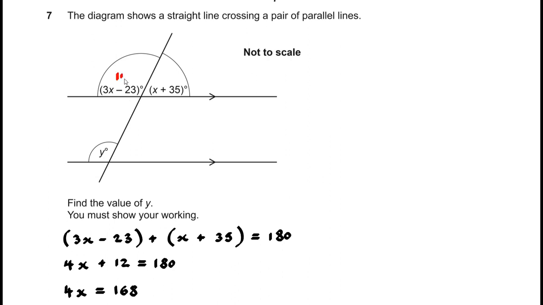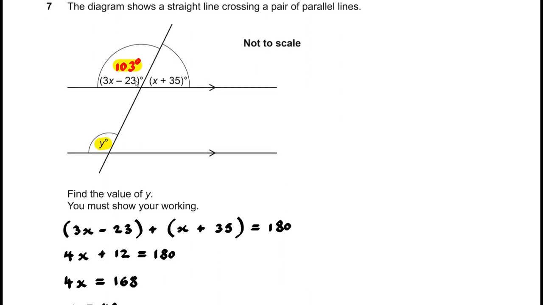So this angle here is 103, which means this angle y is also 103. So that means y equals 3 times by 42 subtract 23, which is equal to 103.